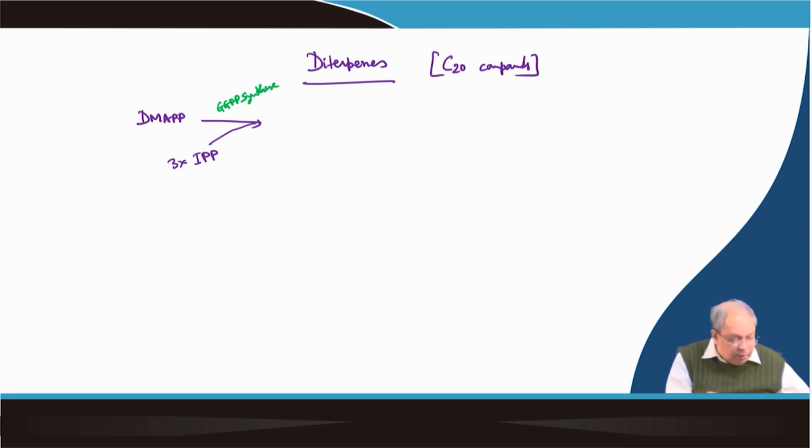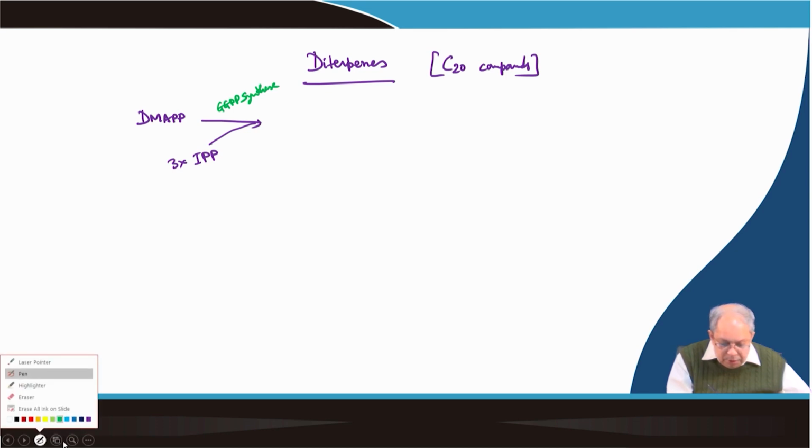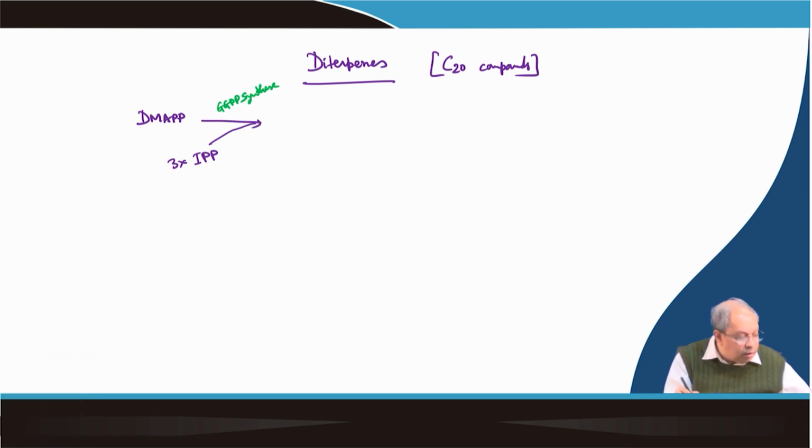GGPP only structure I can draw because of shortage of time. I will not draw the other structures, but the GGPP structure is pretty complex. Let me try.